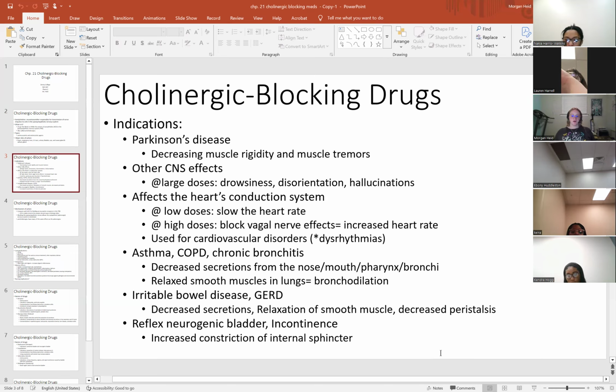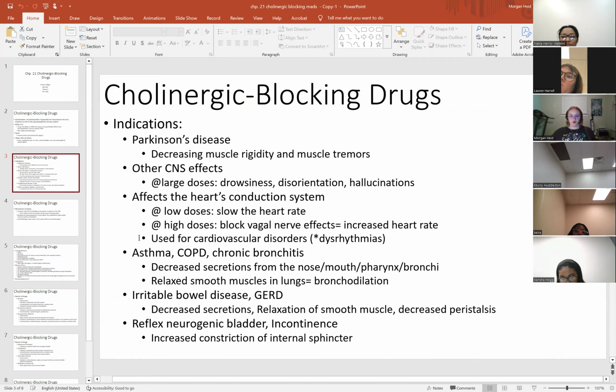So after that we have the heart's effect here. What's going to happen is I want to block the parasympathetic nervous system's ability to cause vasodilation or to cause bradycardia. At a low dose, it will slow down the heart rate. However, at a high dose, it will increase the heart rate.